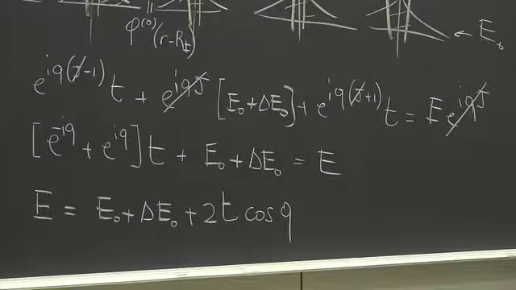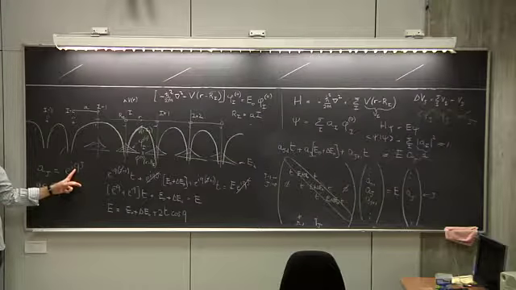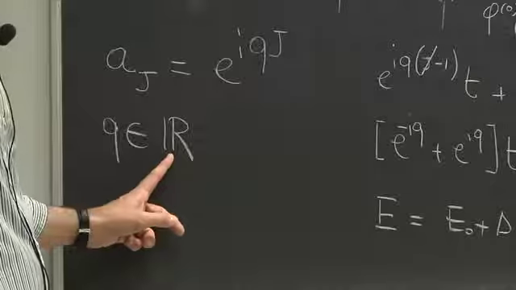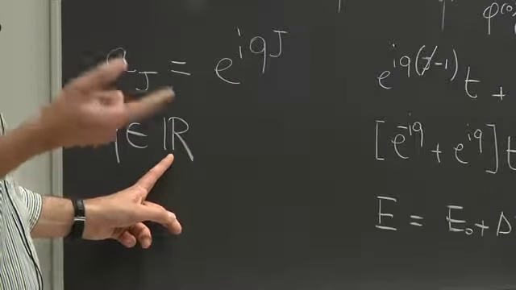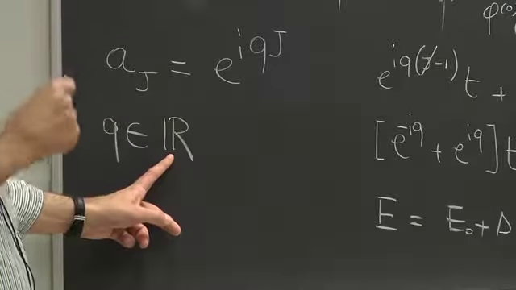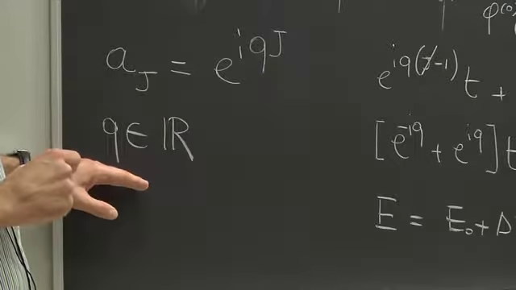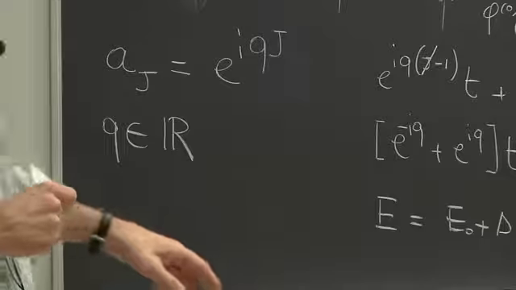So, we started from a guess for the solution, with an arbitrary q to be determined. Q, we argued, must be real, because if it's imaginary, we're going to have exploding solutions. Fair enough. Let's keep q as general as possible.